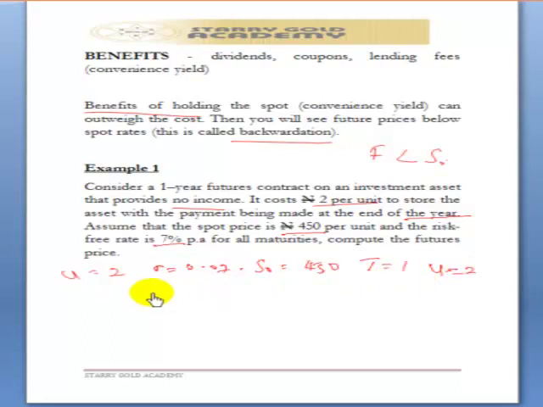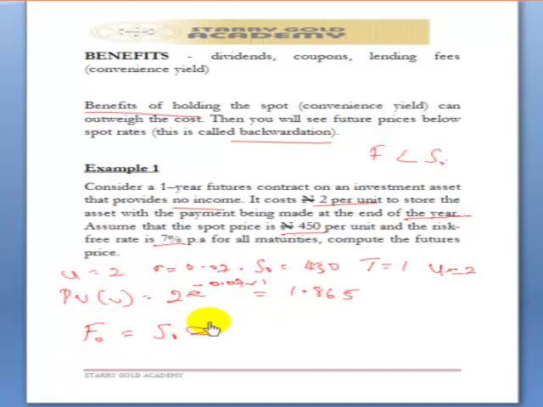We have to find the present value of U, and the present value of U will be equal to 2 naira times the discount at rate R, 0.07, times 1. So our U will be 1.865.